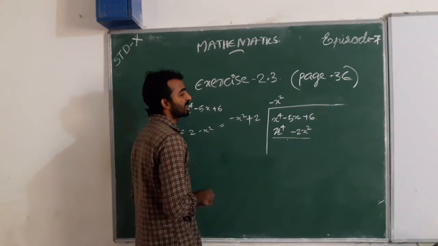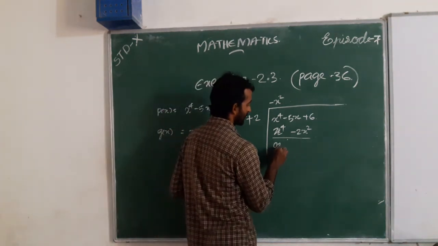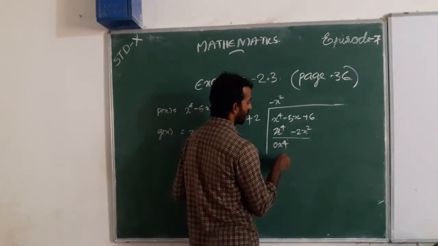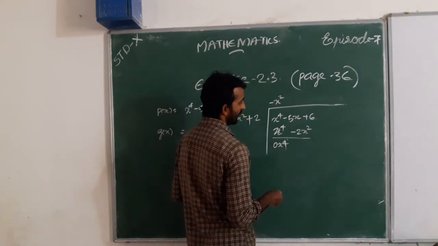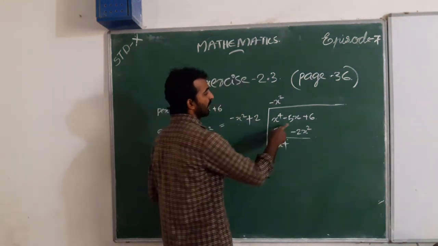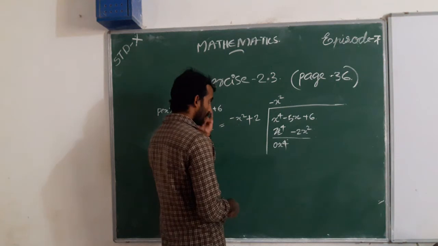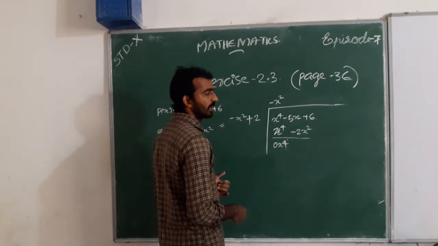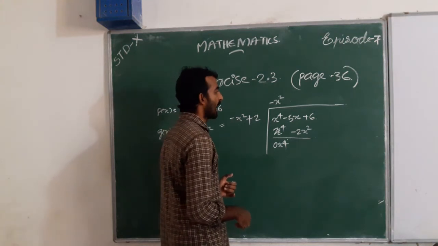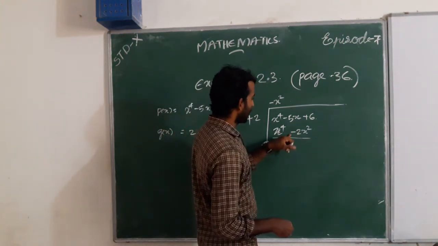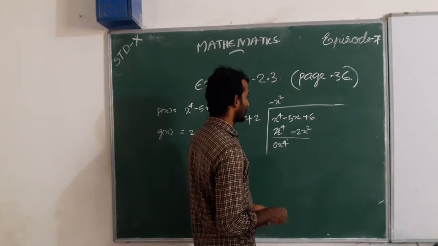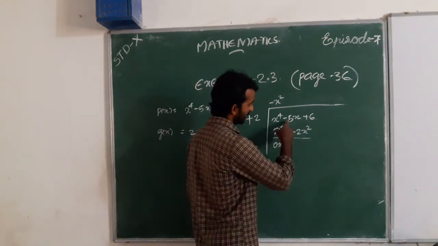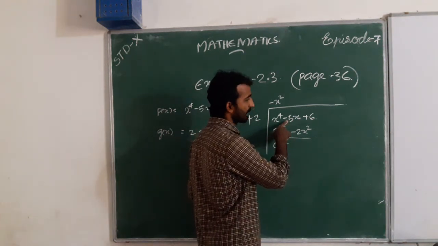When we take the difference, we get 0x raised to 4. In the dividend there is no x square term, and here negative 2 is occupied. That is, here we consider the x square term as 0.